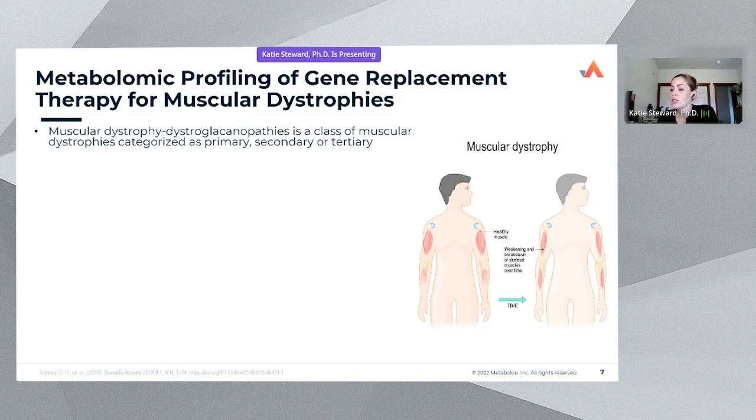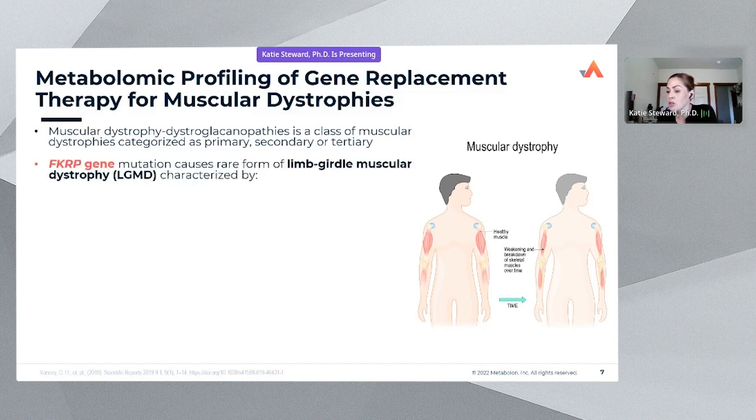And the tertiary is a disorder in the genes involved in the fabrication of the carbohydrates or the building blocks that make up those dystroglycans. And this specific one, this FKRP gene mutation, is a fukutin-related protein gene mutation that causes a rare form of limb-girdle muscular dystrophies. That can then result in progressive weakness and degeneration of the skeletal muscles, cardiovascular, and neurological defects as well.